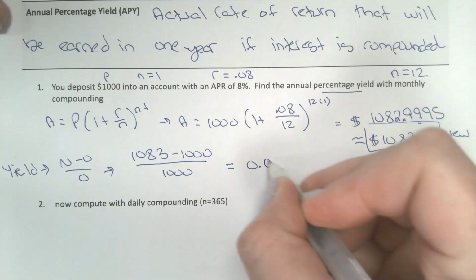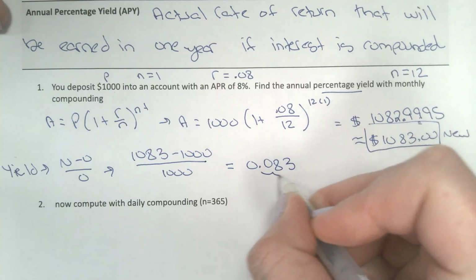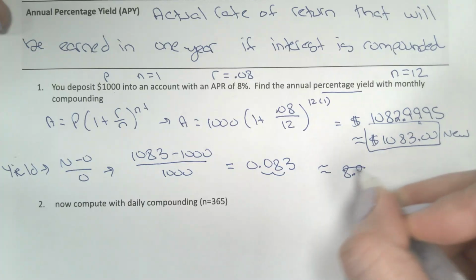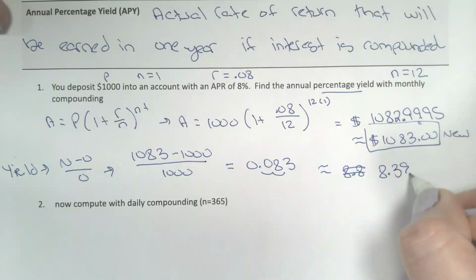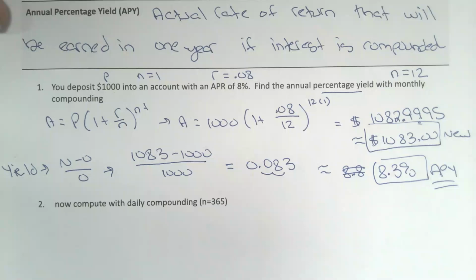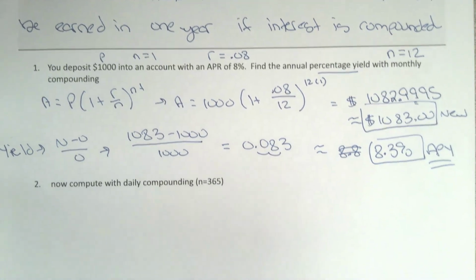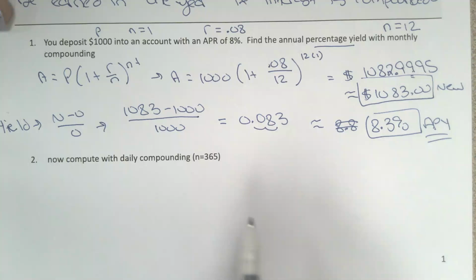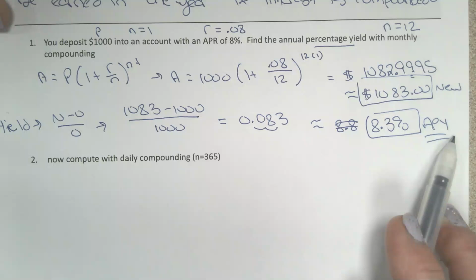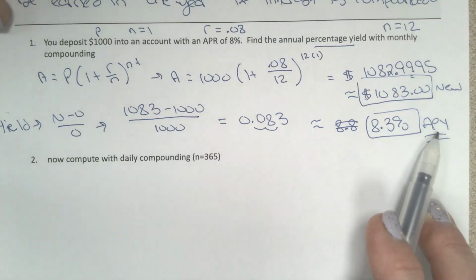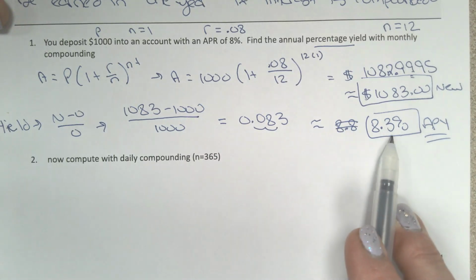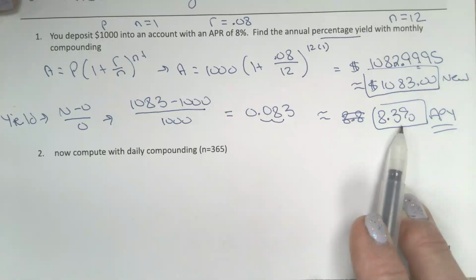So I get 0.083. If you move that 2, then I have a yield of 8.3%, which is my APY, my annual percentage yield. So the more often I allow it to compound, the more I'm effectively earning. So I'm being paid on 8%, but when I let it compound, it's driving it up to 8.3%.